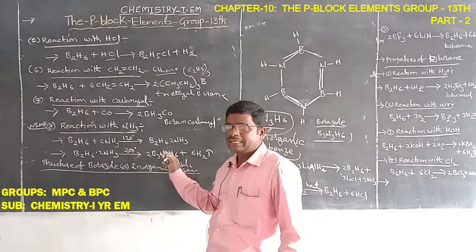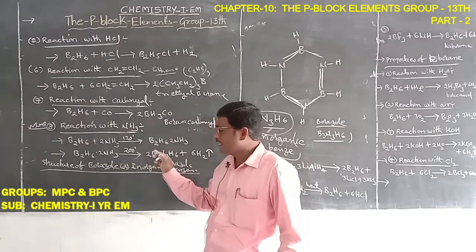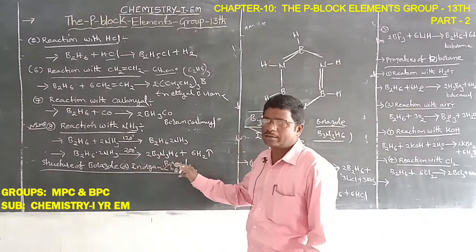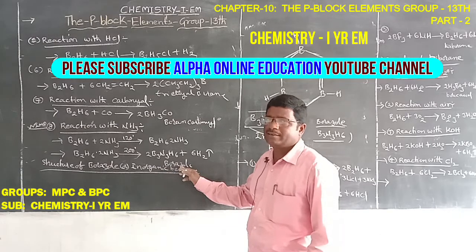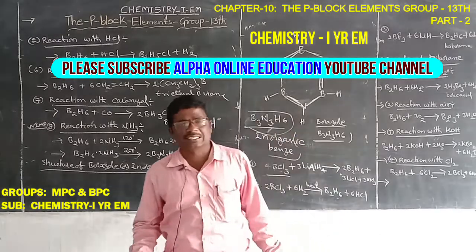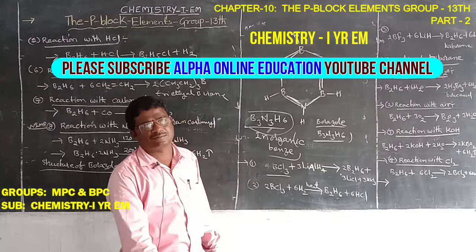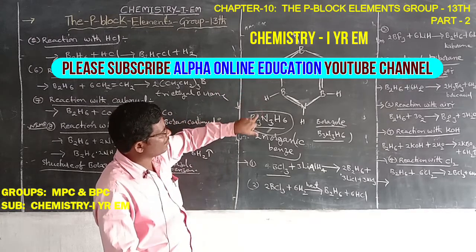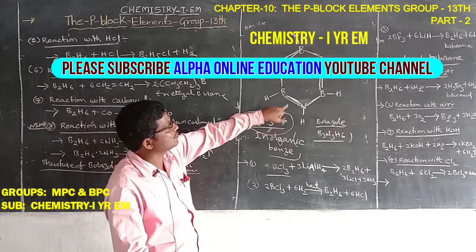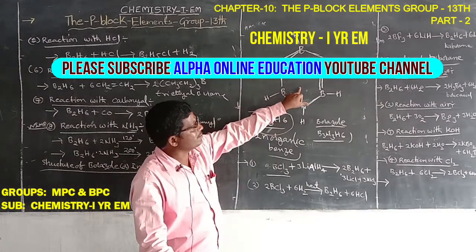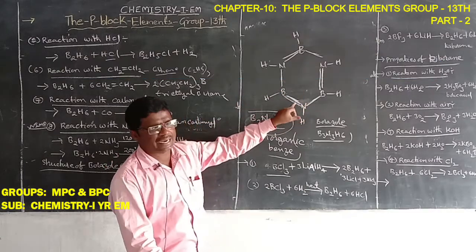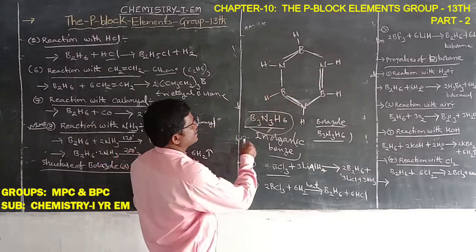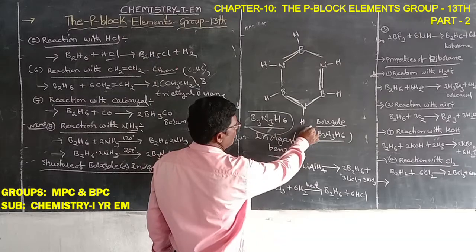Diammonium of diborane reacts at 200 degrees centigrade, then borazole or borazine is obtained. Borazole or borazine is also known as inorganic benzene. That is the structure of inorganic benzene. Here is the formula B3N3H6. 3 boron atoms, 3 nitrogen atoms, 6 hydrogen atoms. That is the structure of borazole or borazine.